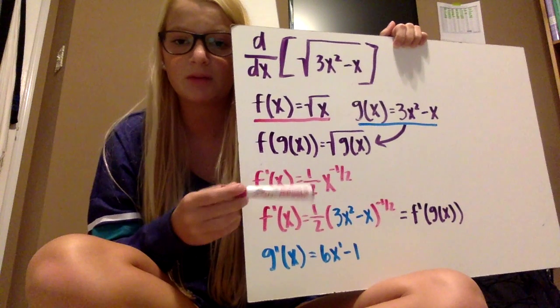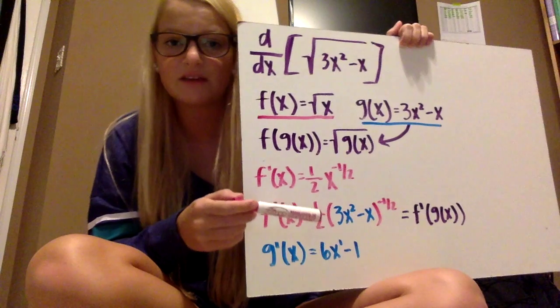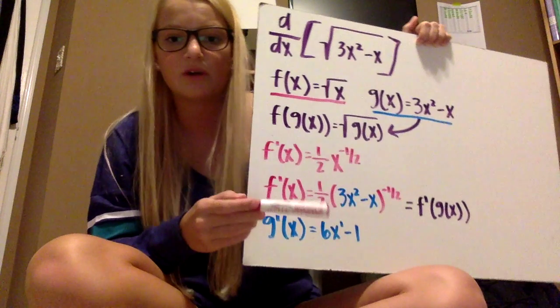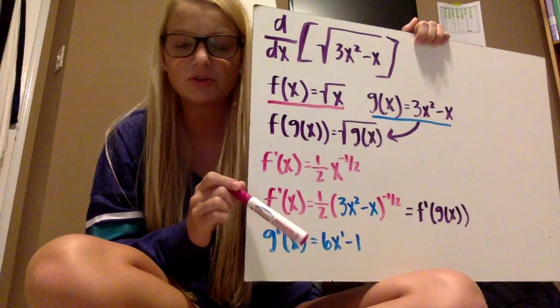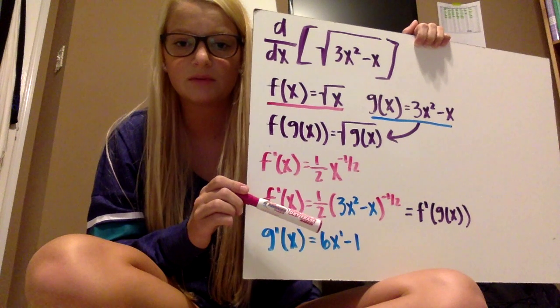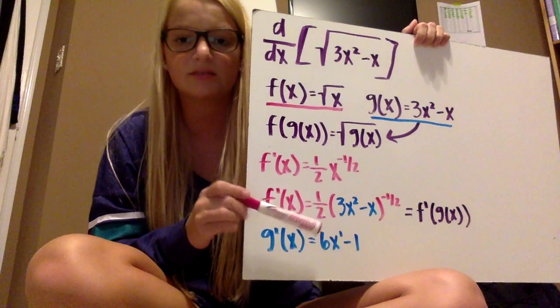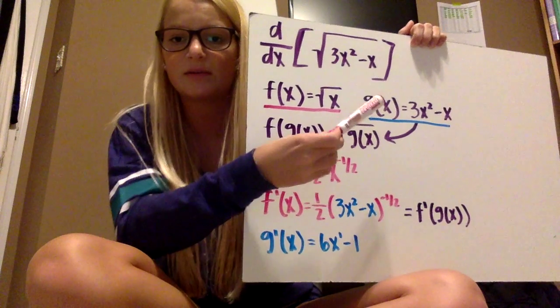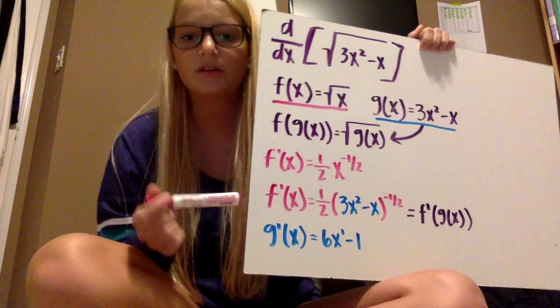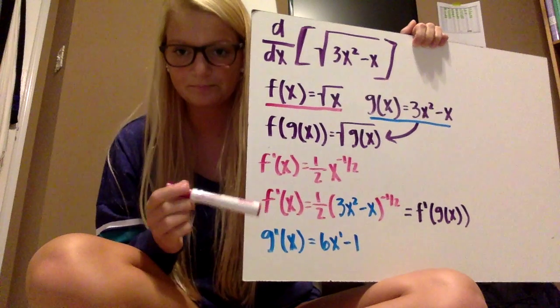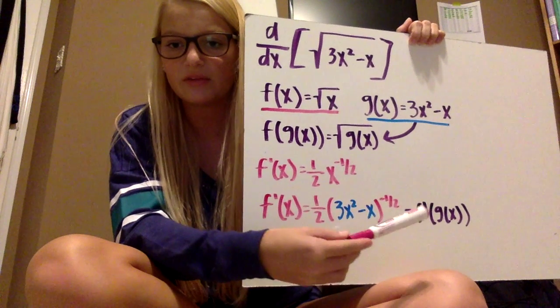And then remember, you got to plug in your inside function because that doesn't ever change. So we have right here the derivative of f of x equals 1/2 times 3x squared minus x, because that's the same as our g function right here, all to the negative 1/2 power. And I wrote it out right here. That's what that equals.